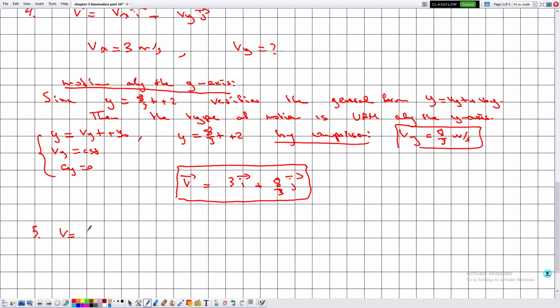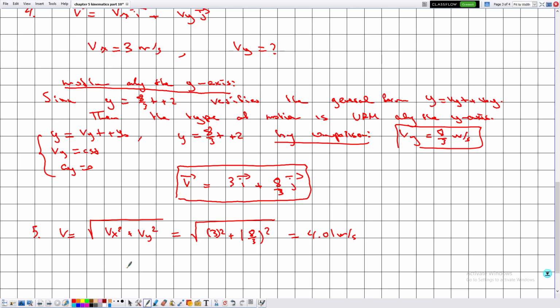So v is equal to the square root of vx squared plus vy squared, which is given by the square root of 3 to the power 2 plus (8/3) to the power 2. And here it's convenient to expand and reduce because it's independent of time. So the square root of 3 squared plus (8/3) squared is equal to almost 4.01 meters per second, and this value of the speed is constant at all times.